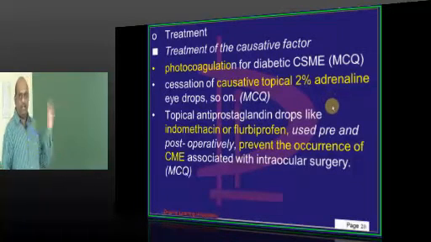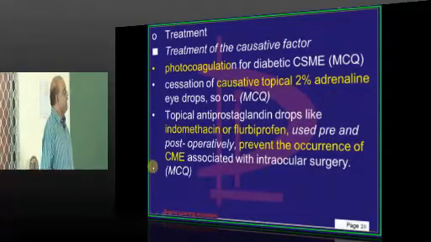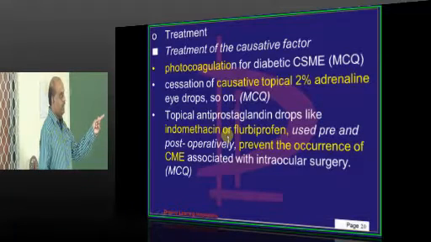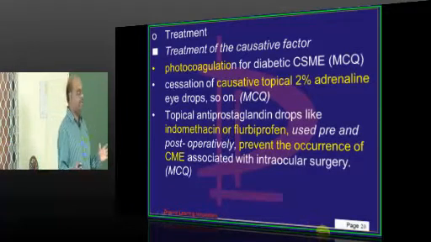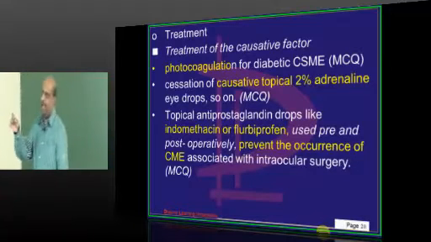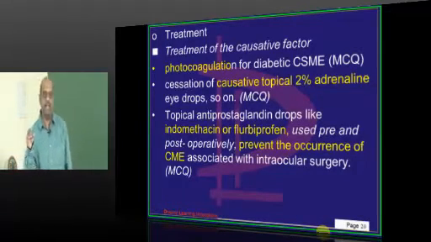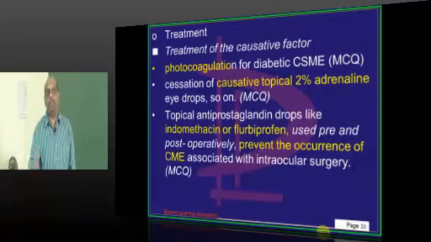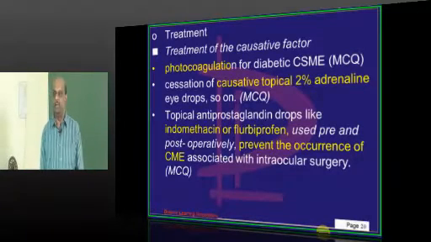Then if it is adrenaline, stop using it. And are there any drugs which, if you instill them into the eye before an intraocular surgery, can decrease the chance of developing cystoid macular edema? Yes, sir.